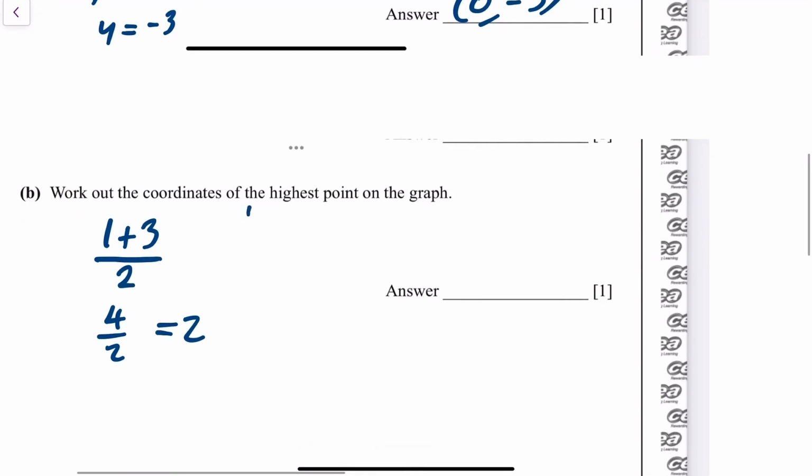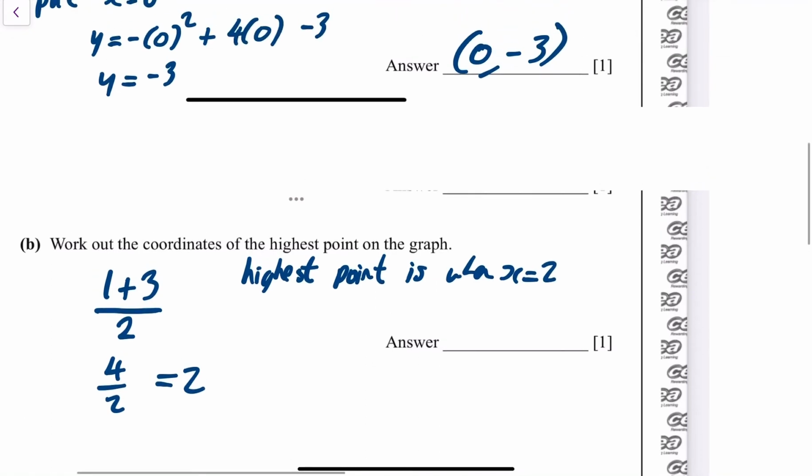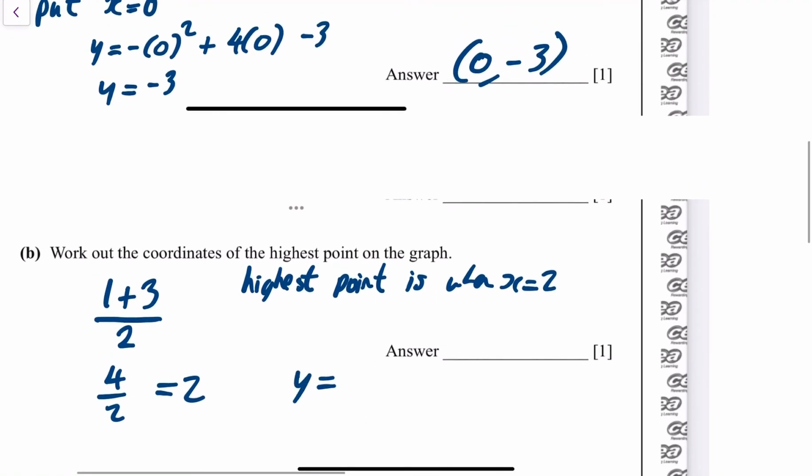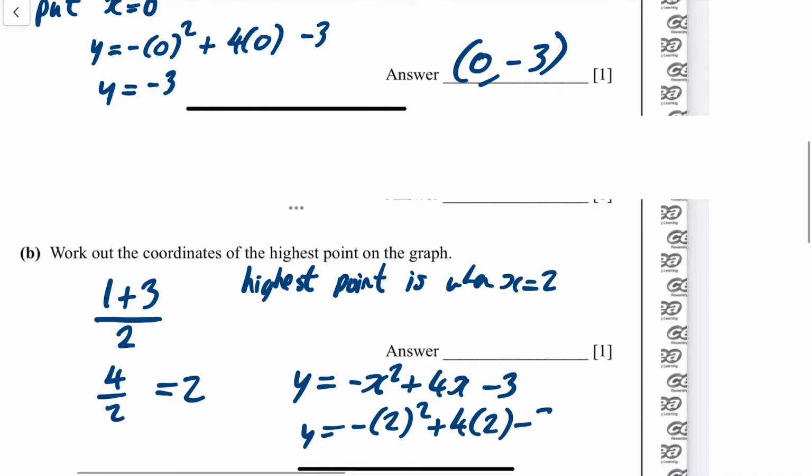So the highest point, from what we worked out so far, is when x is equal to 2. So we're going to put that into our equation. Our equation was y is equal to minus x squared plus 4x minus 3. So y is equal to minus 2 squared plus 4 times 2 minus 3.